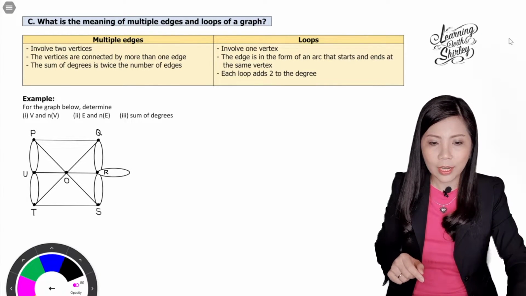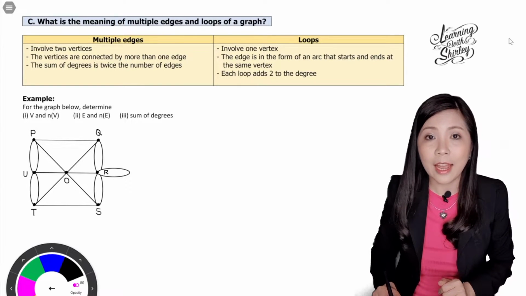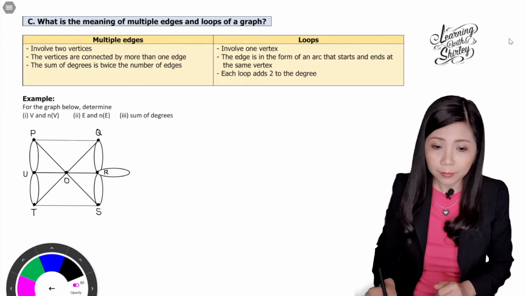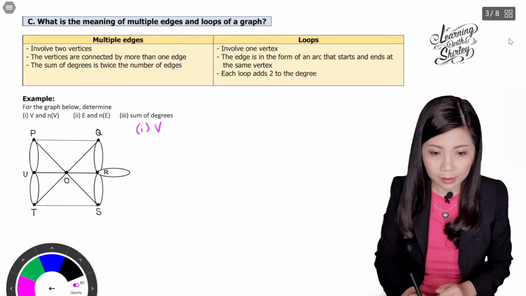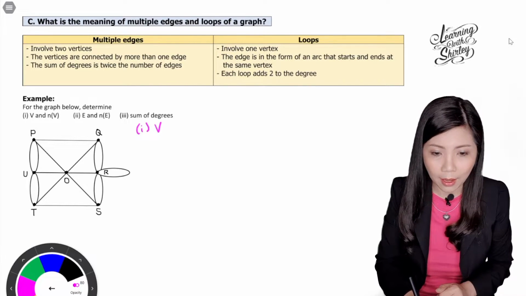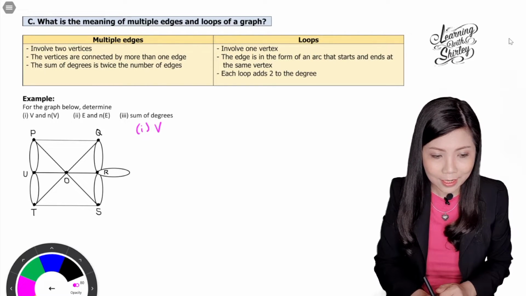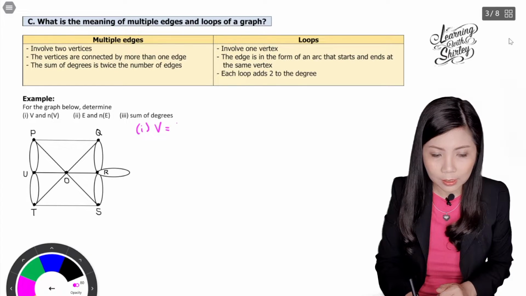Okay, so let's look at this example. For the graph below, determine V and NV, E and NE, and the sum of degrees. Okay, let's work this out. For question number 1, V will be the vertex. So how many vertices are there? We have P, Q, R, S, T, U, and O. I'm going to write O first.